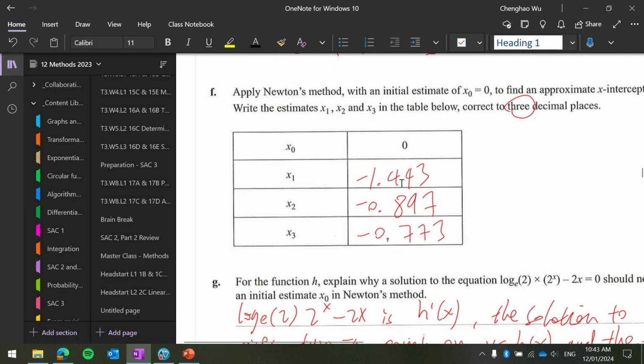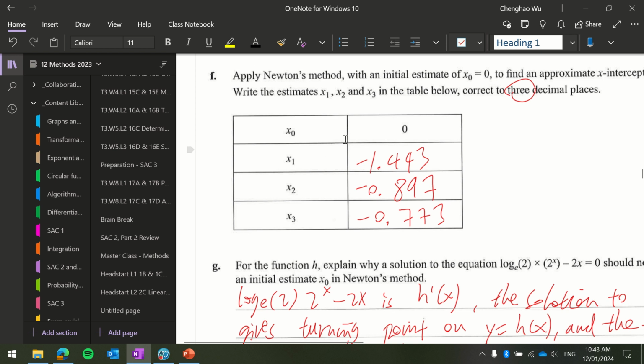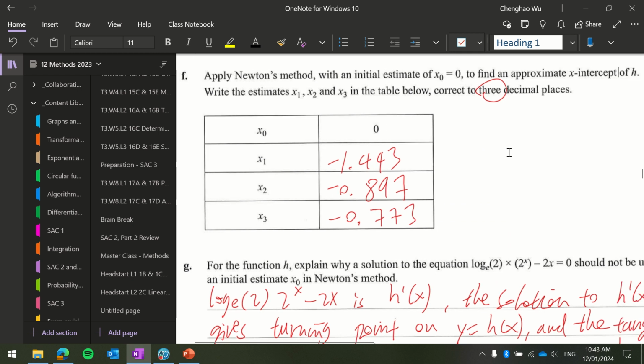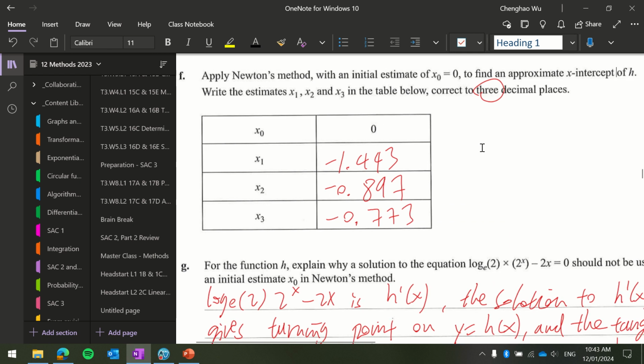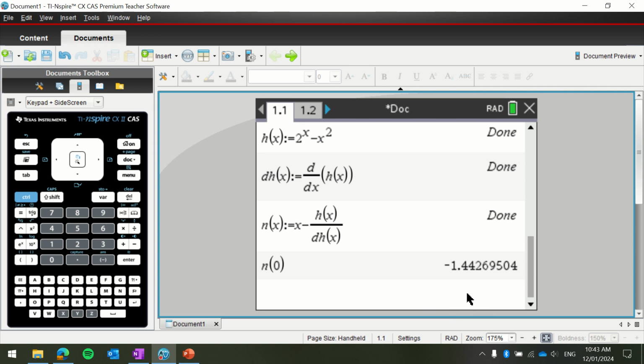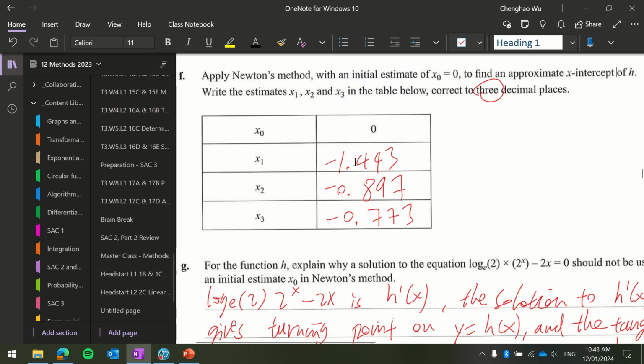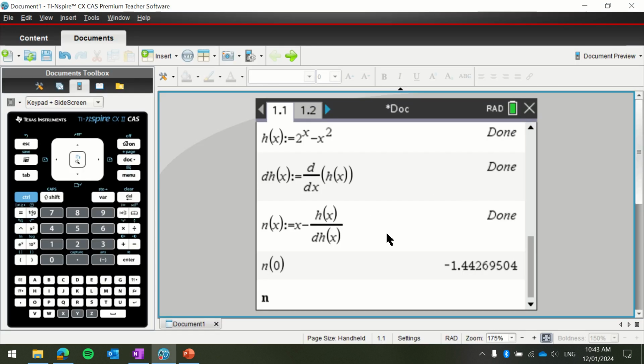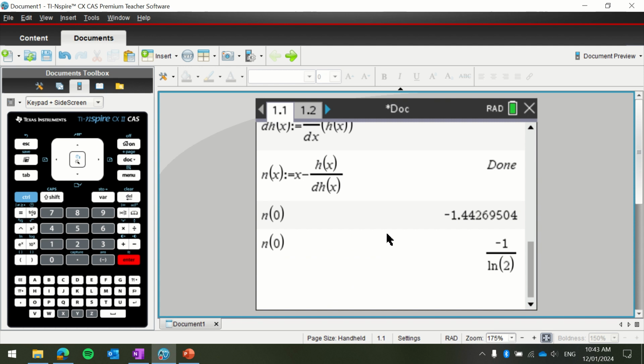So x naught is 0, and the next x value is then going to be my answer here, negative 1.443. So I write it down here, and then I put this in.